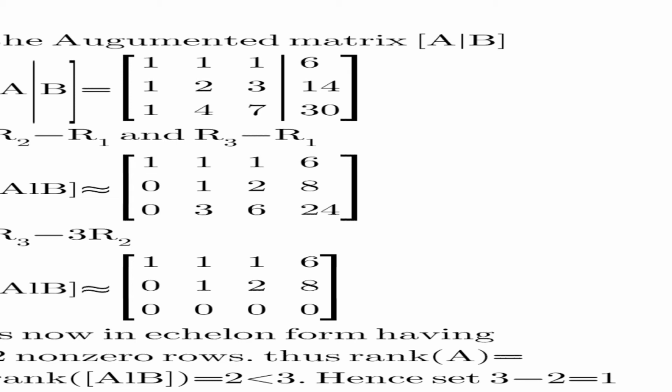So we have to decide free variables. If there are n unknowns and the common rank of A and AB is R, then n minus R variables will be free variables. So here there are 3 unknowns and the rank is 2, so 3 minus 2 is equal to 1. So we decide 1 free variable.